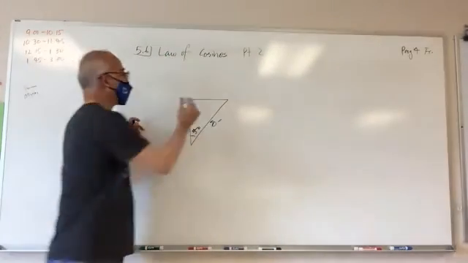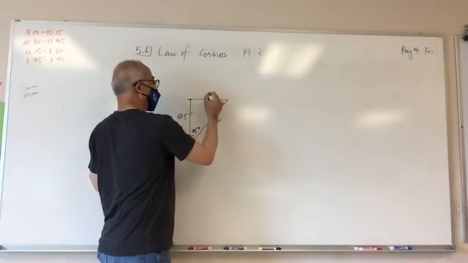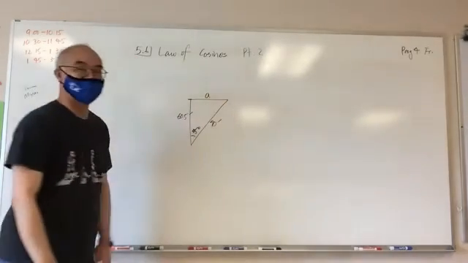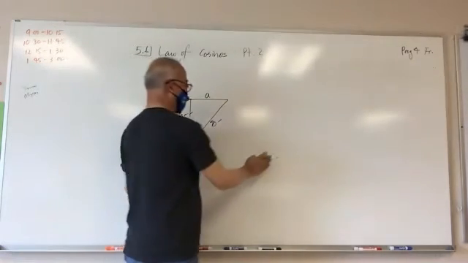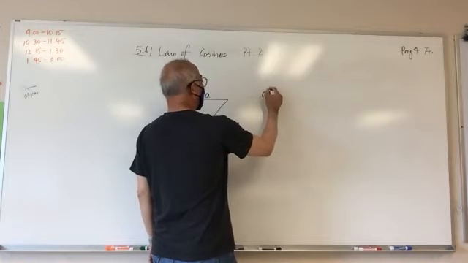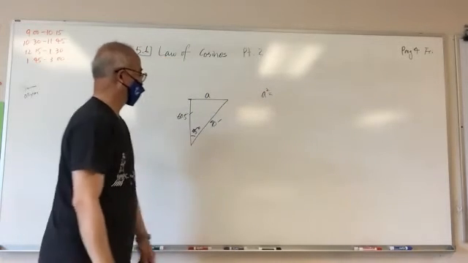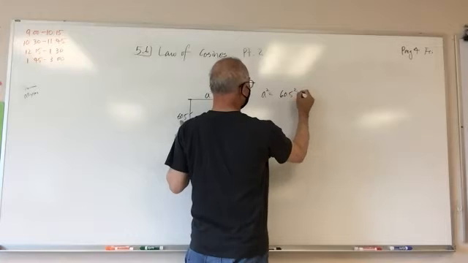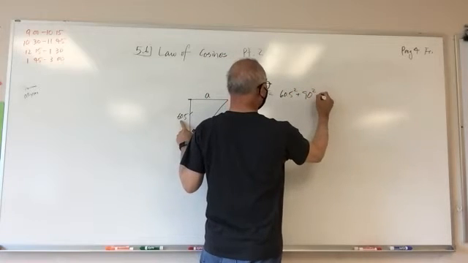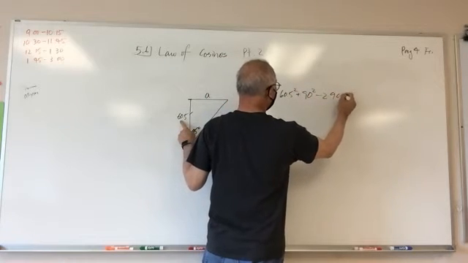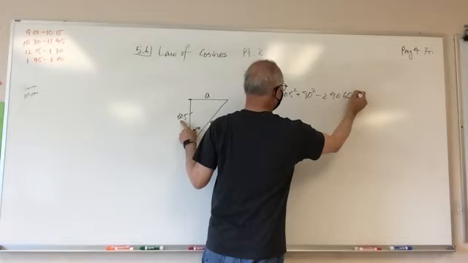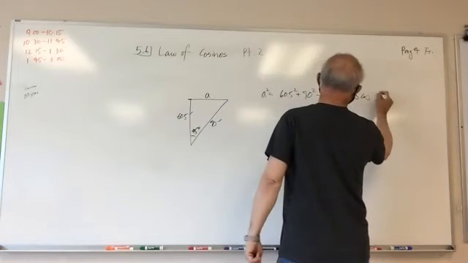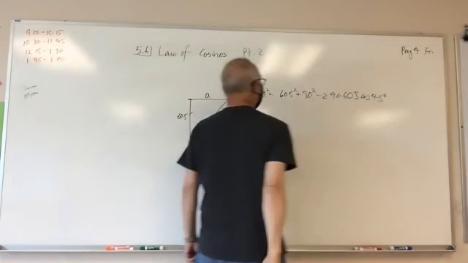So I'm trying to find this side. Okay, this is dumb. A squared is equal to 60.5 squared plus 90 squared minus 2 times 90 times 60.5 cosine 45 degrees.